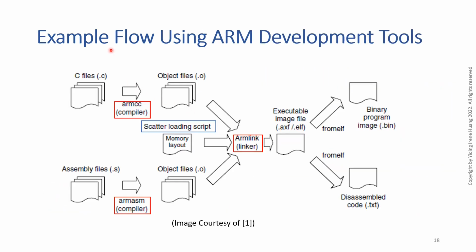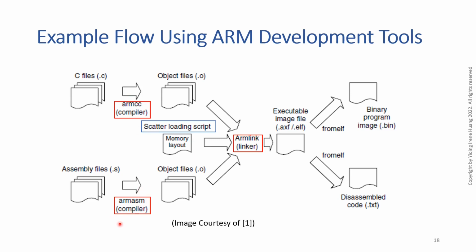Now let's discuss some more about what is happening under the hood of the IDE. So the IDE comes with the ARM CC compiler and ARM ASM compiler. What happens is it's going to compile the C code into object code, and the assembly code, which you didn't write, but the IDE automatically copied some startup assembly code to your project, and I'm going to show you later.